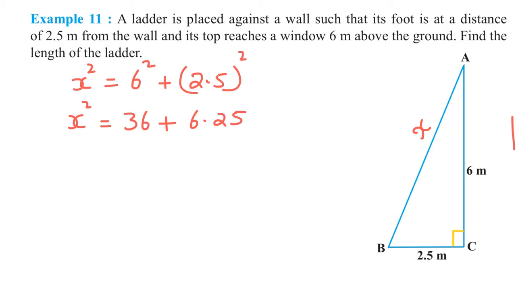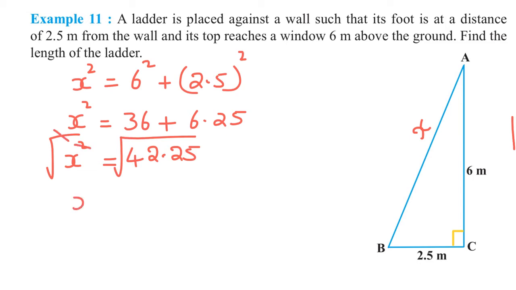Add the two and you get x squared equal to 42.25. Take the square roots on both sides, so square root and square cancel. So x is going to be equal to 6.5 meters. So the length of the ladder is 6.5 meters.